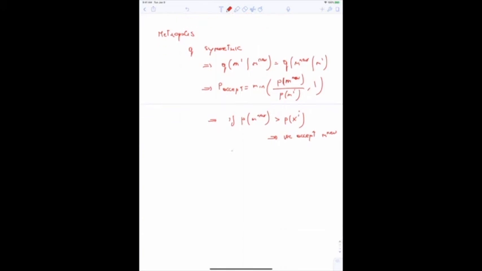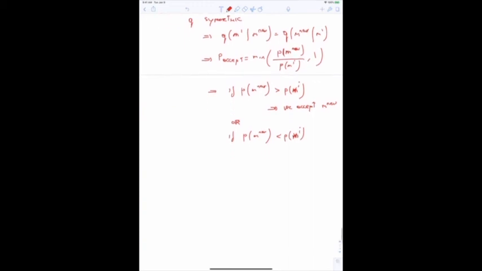Instead, if P of M nu is less than P of Mi, I keep writing x, then we can still accept M nu, but with probability P of M nu divided by P of Mi.